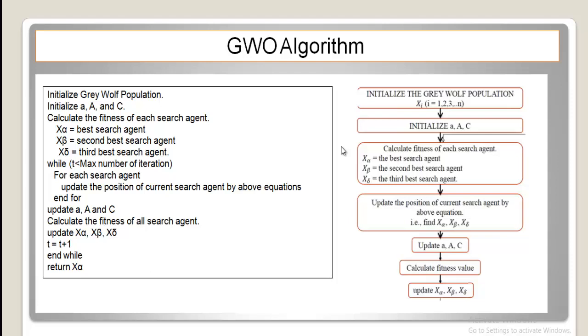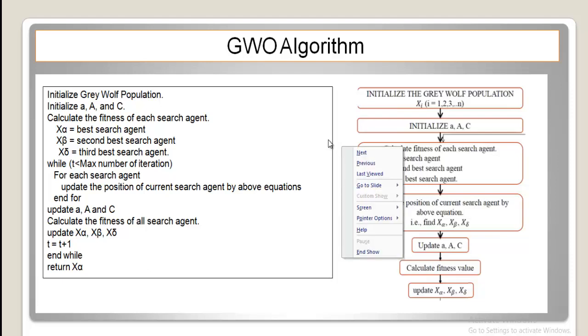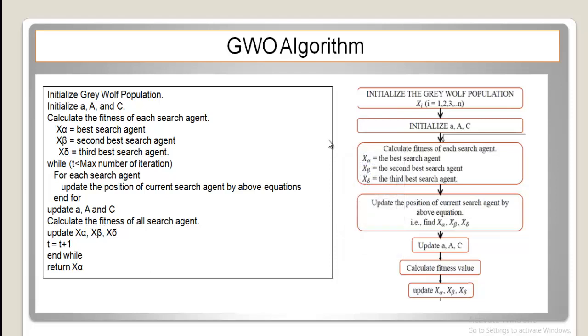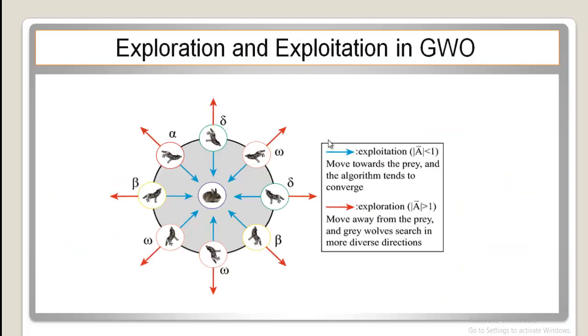Upon completion, the algorithm returns X alpha, the position of the best search agent, our most optimal solution. So we understand how the gray wolf optimization algorithm works. As we said, the gray wolf optimization algorithm is one of the meta-heuristic algorithms, and it is based on identifying random values.